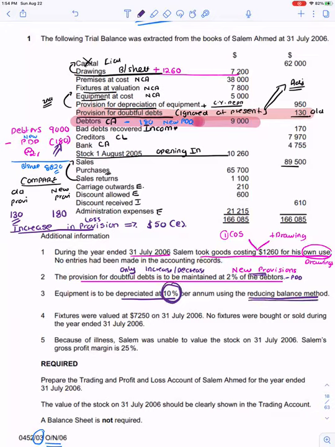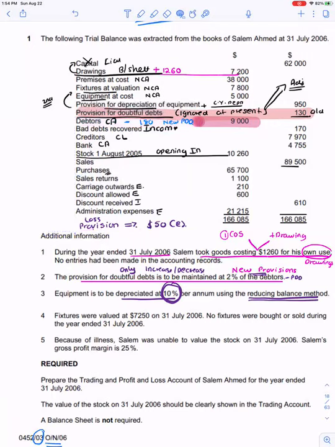Cost minus the depreciation to date will give me the net book value. Cost minus provision for depreciation, which appears in the trial balance, will give me the net book value.